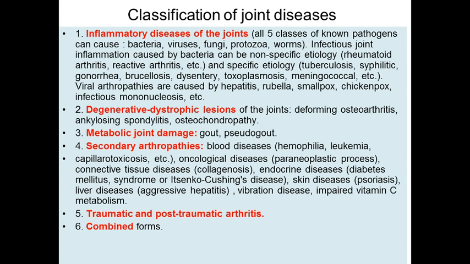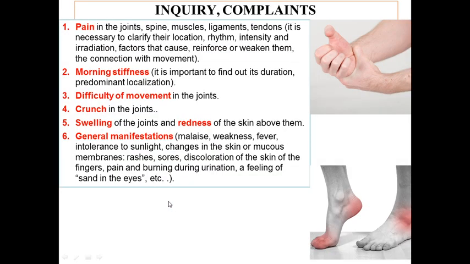The fourth place is secondary arthropathies, which can develop during different kinds of disorders: blood diseases, oncological diseases, endocrine pathologies, or sometimes even skin diseases, connective tissue disorders, disorders of liver, and etc. And also, of course, traumatic and post-traumatic damaging, traumatic arthritis, and combined forms of joint diseases.